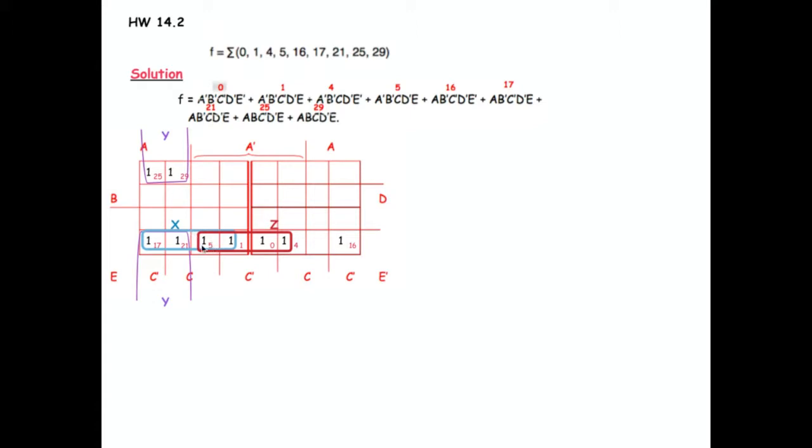The problem is that C and C prime is fine, but with A, you're spanning A prime and A, right? But there is at least one more here. And the one I'm thinking of is really hard. You can do 17, 16, 1, and 0.